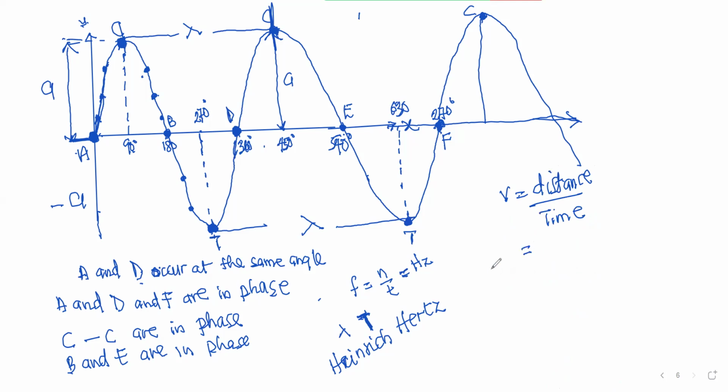Here, in determining the distance and the speed of a wave, we consider the distance covered by one cycle of a wave. The distance covered by one full cycle of a wave is equal to its wavelength, lambda. What is the time taken to make one full cycle of a wave?